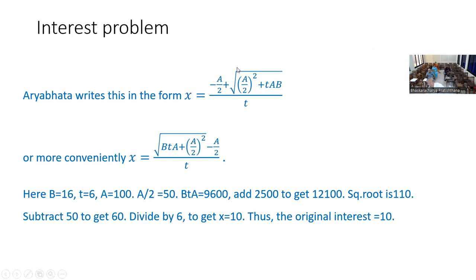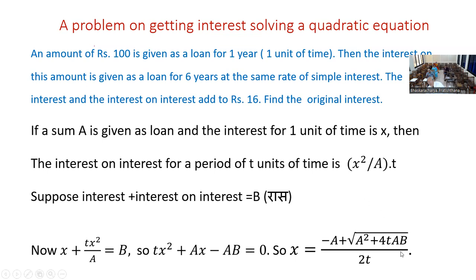Aryabhata further divides by 2. If you divide numerator and denominator by 2, then what will happen? The outside minus A will become minus A by 2. Then root of A square upon 4: this A square will be divided by 4, and this 4 will get cancelled.